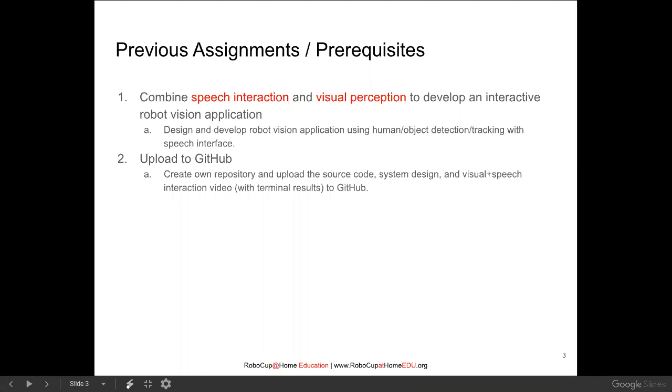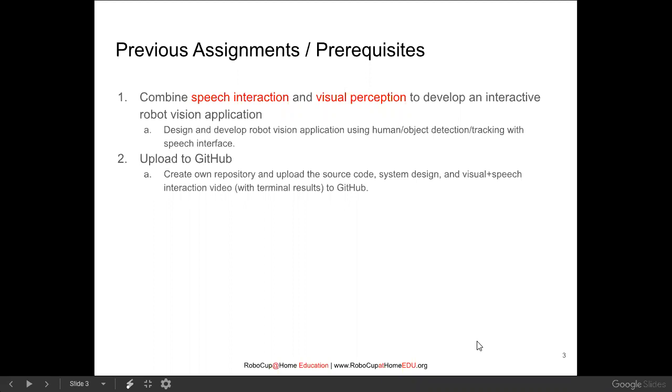Then the robot will autonomously move from point A to point B. Then from point B, it will use your vision system to find someone, or the one that you have recognized or trained before in a database.